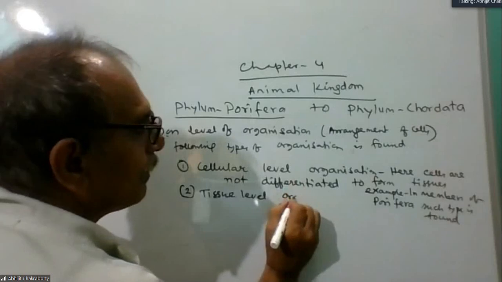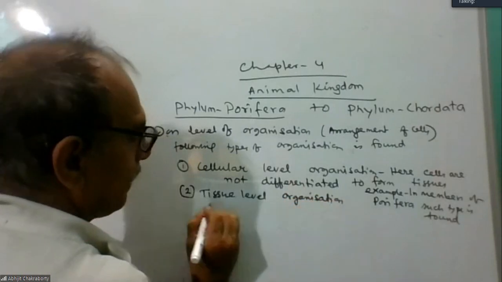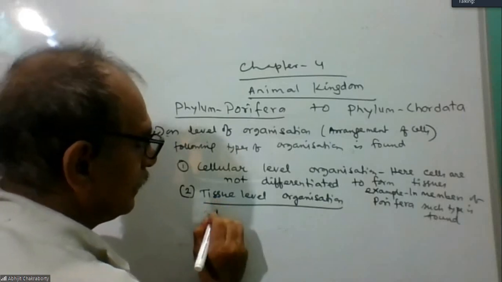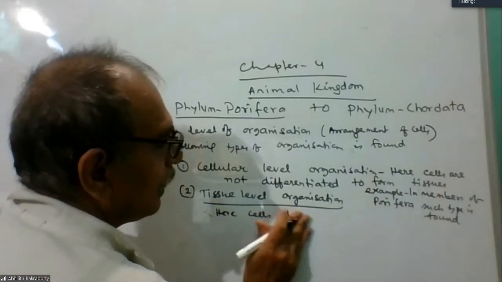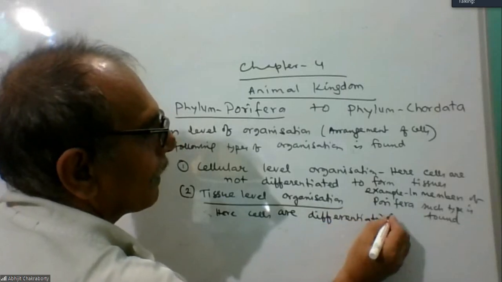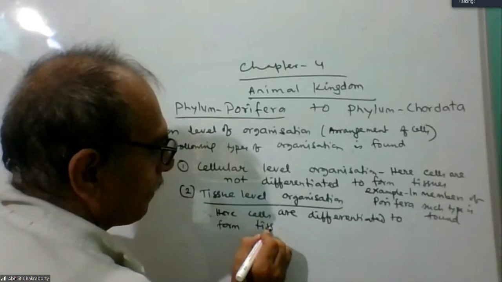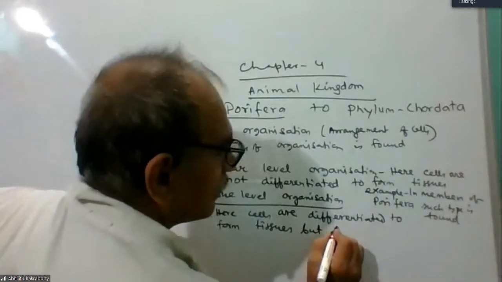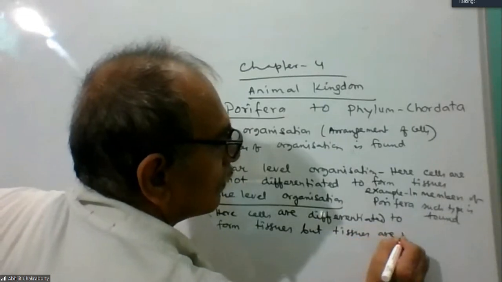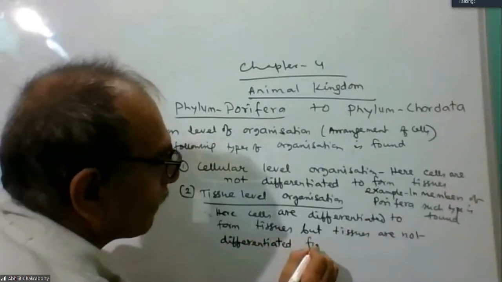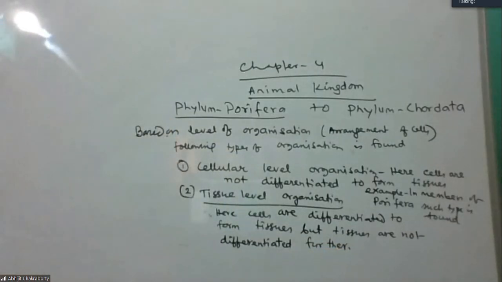Tissue level organization: here cells are differentiated to form tissues, but tissues are not differentiated further.